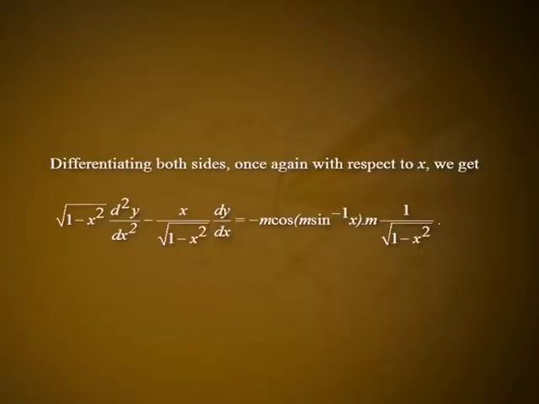Differentiating both sides once again with respect to x, we get square root of 1 minus x square into d square y by dx square minus x by square root of 1 minus x square into dy by dx is equal to minus m into cos(m sin inverse x) into m into 1 divided by square root of 1 minus x square.